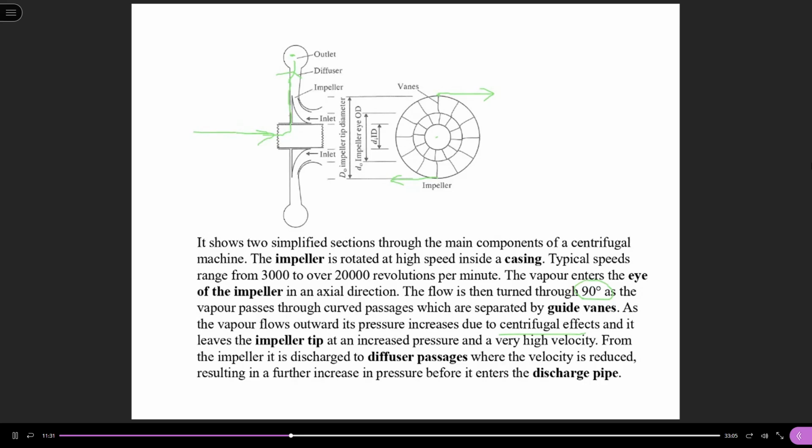Then it is discharged to diffuser passages, where the velocity is reduced, which results in a further increase of the pressure before it enters the discharge pipe. So this is the working principle of the centrifugal compressor.